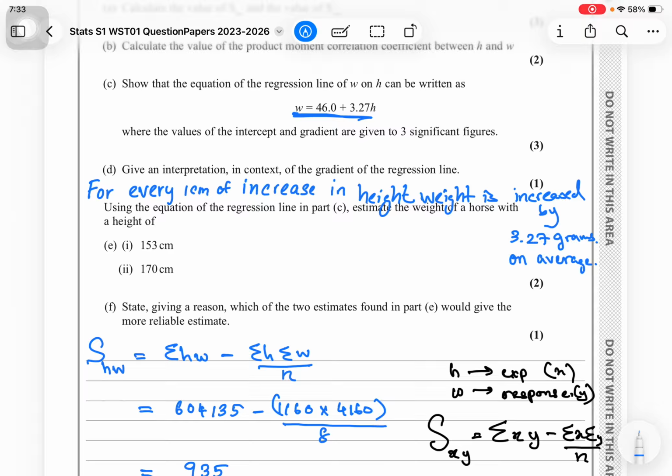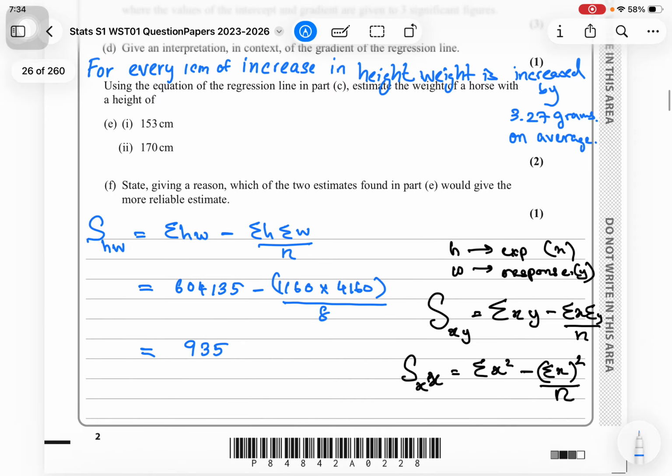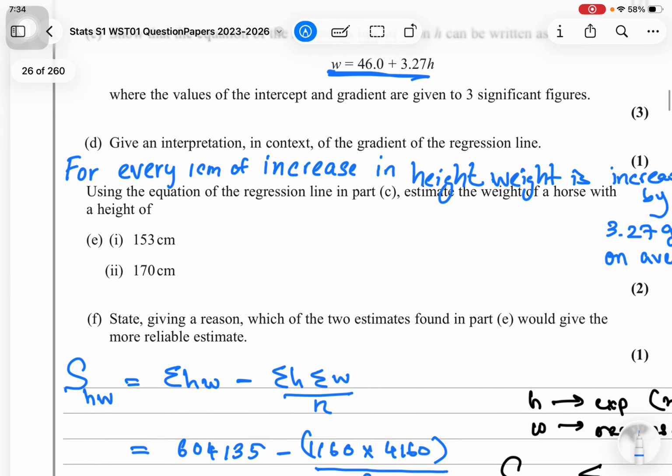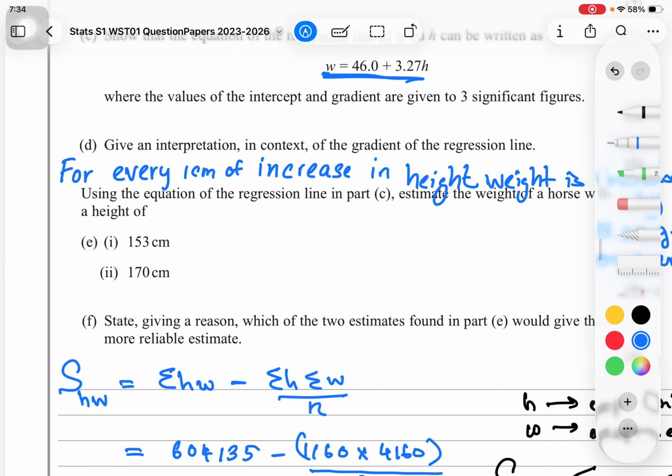Now let's go with the E part. First of all, does the estimation of weight make more sense? Yes, it does, because it's the response variable. We have this equation, so let's quickly do it here.